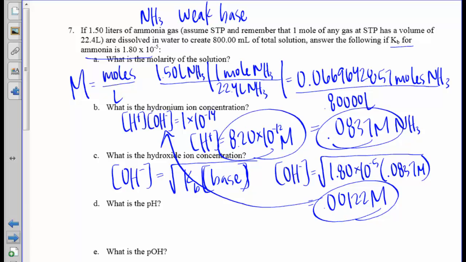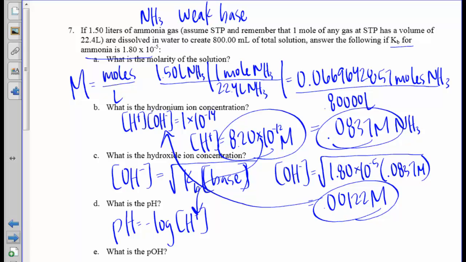Now that we have hydrogen ion concentration and the hydroxide ion concentration, finding pH and pOH is quite easy. We know the pH is equal to the negative log of the hydrogen ion concentration. So I can simply plug this in here. Again, I'm assuming, since you've seen me solve that twice now, that you can do that on your own.